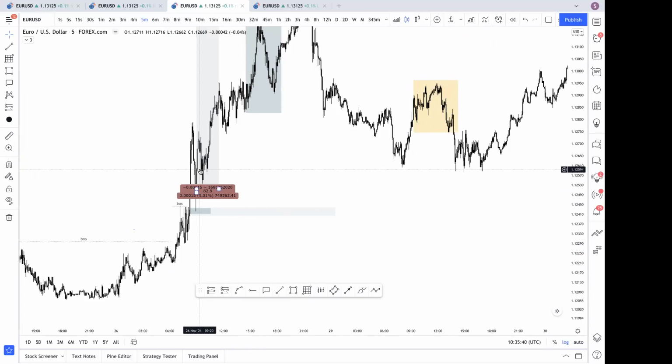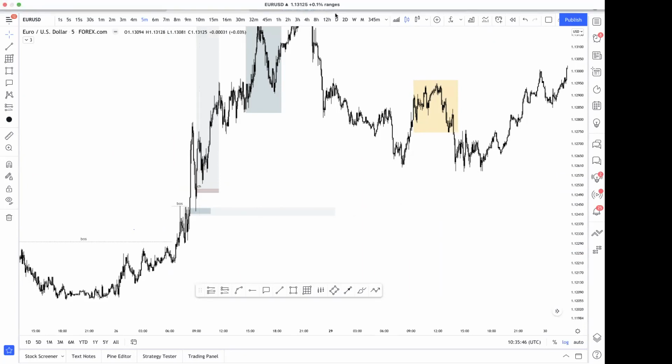The only advantage of using a 1 pip stop is you don't have to take so much volume of your trade off so early, right? A 1 pip stop lets you take 20% off, where with a 1.5 pip stop, I think you have to take 27, or 1.3 pip stop, 27, something like that.